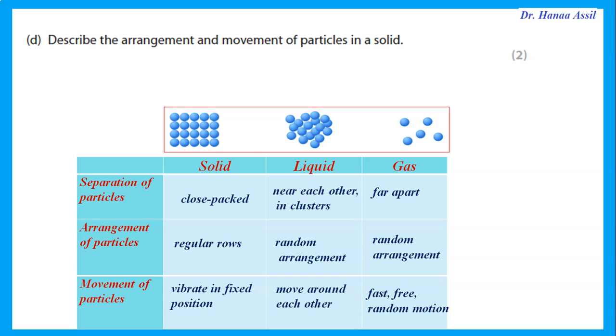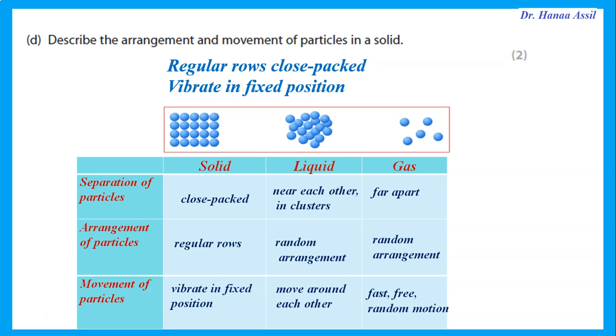So here we're required to talk about solid. You should know that solid is regular rows close packed. So that is the arrangement and separation. Movement, solids vibrate in fixed position.